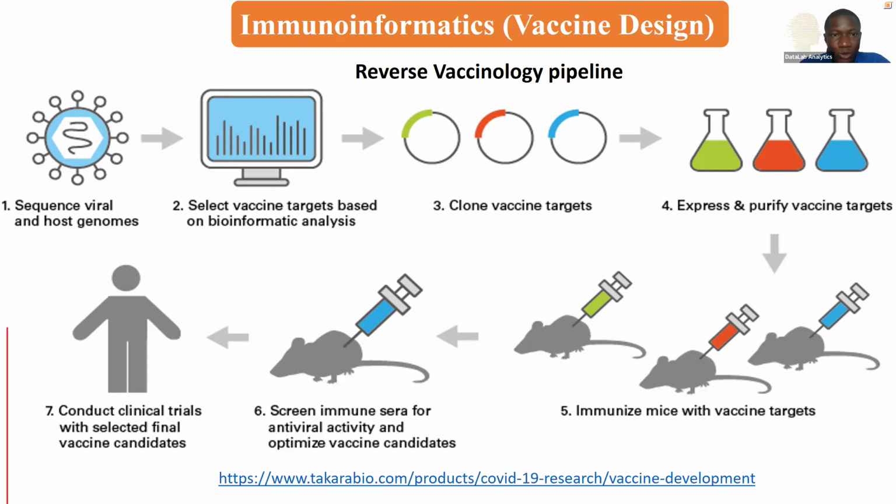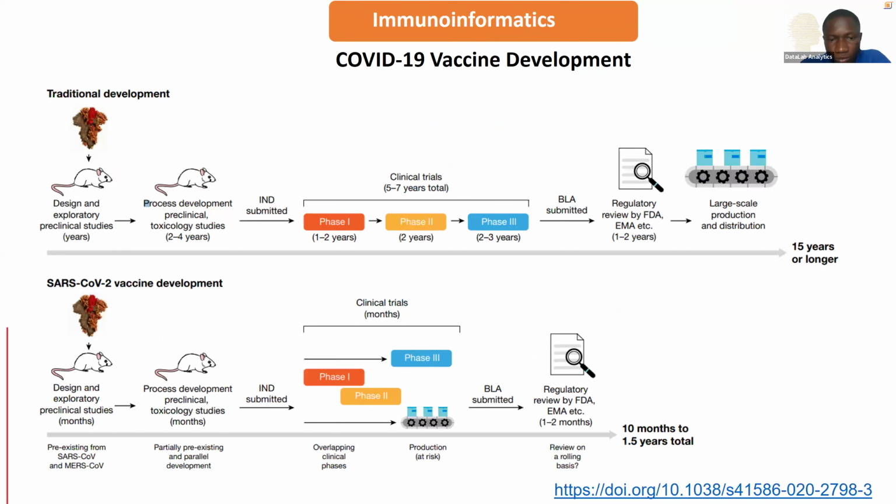You surely know where to optimize the vaccine candidate, and if you pass it through this process again, you would have good immune antiviral activities at the end of the day. And then if you are very sure that this is okay at the preclinical trial phase, you go to the clinical trial phase. I'm still going to explain more about this in the next slide.